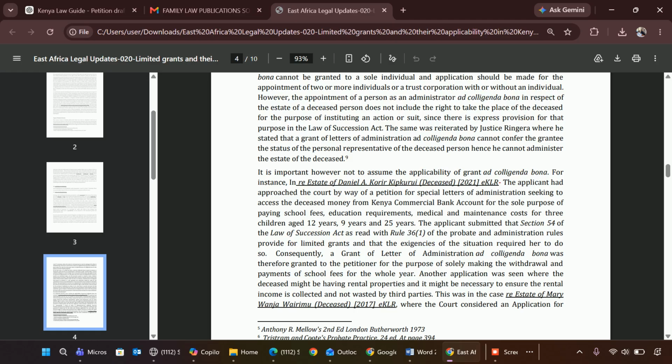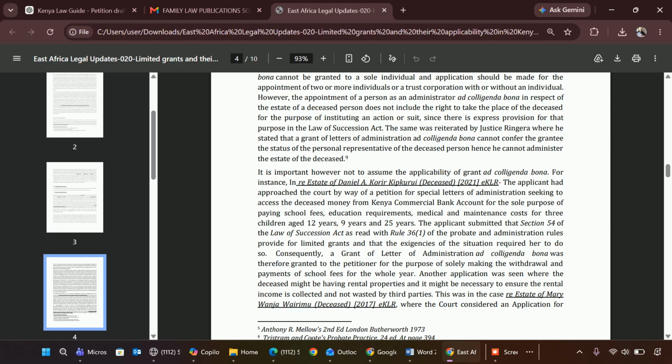The applicant submitted that Section 54 of the Law of Succession Act, as read with Rule 36(1) of the Probate and Administration Rules, provide for limited grants, and that the exigencies of the situation required her to do so. Consequently, a grant of letters of administration ad colligenda bona was granted to the petitioner for the purpose of solely making the withdrawal and payments of school fees for the whole year.